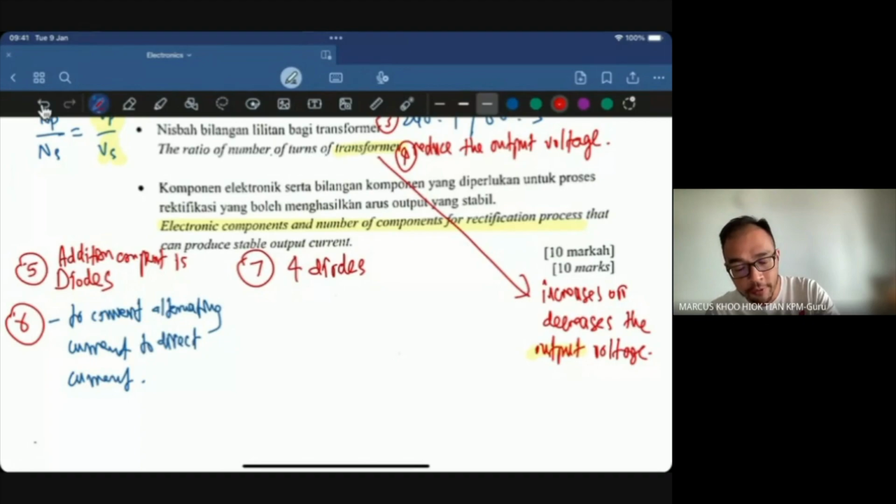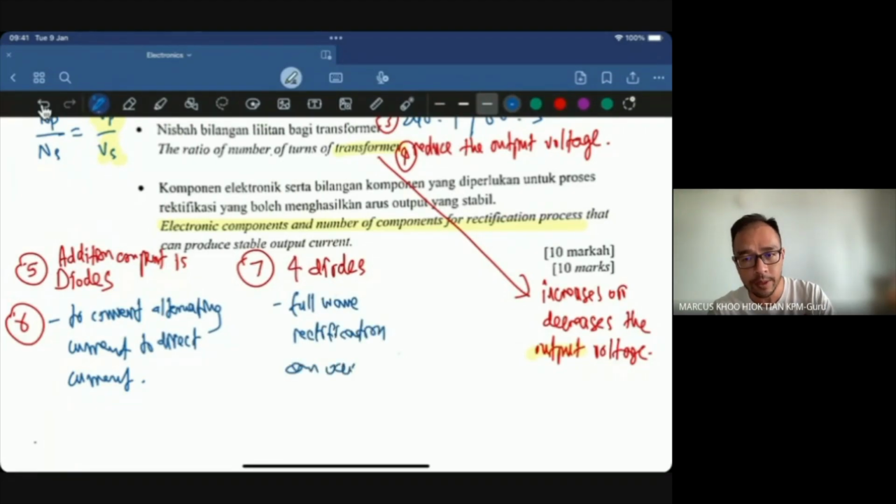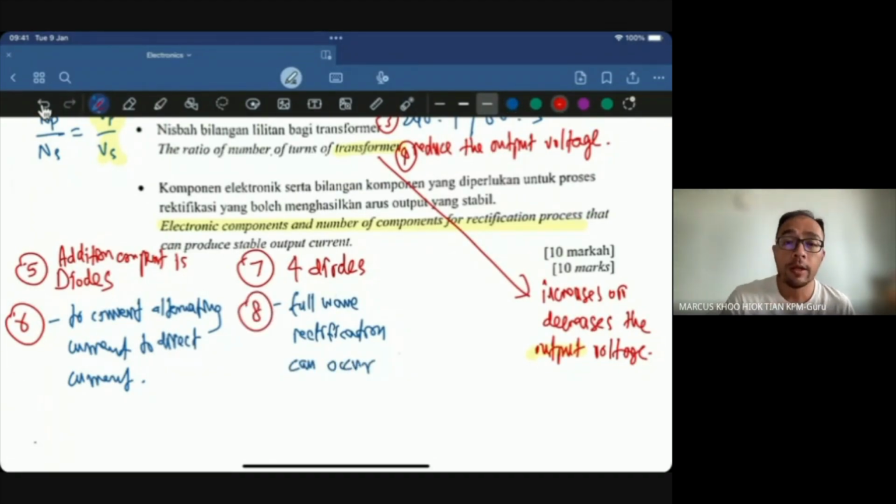And the reason for 4 diodes is so that full wave rectification can occur. Okay, so this is the 8th mark.